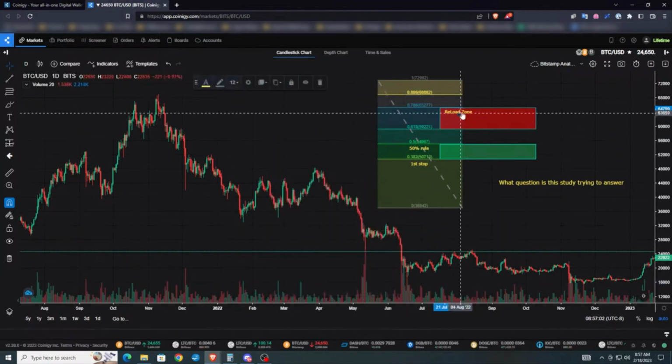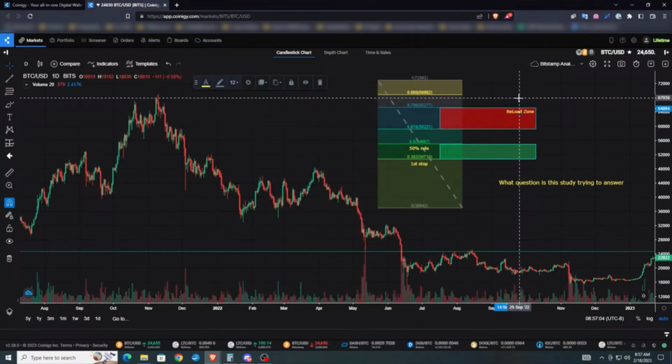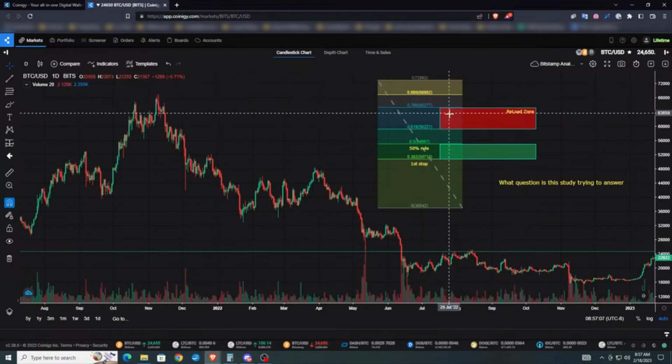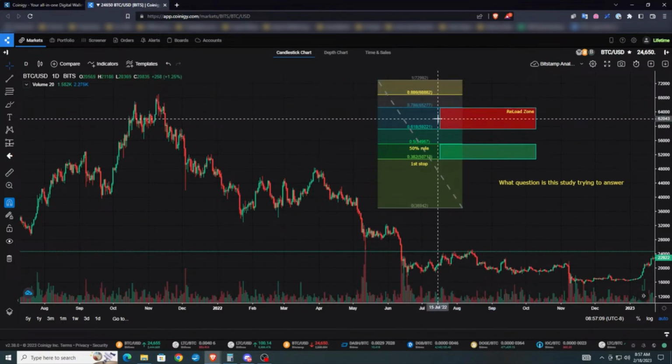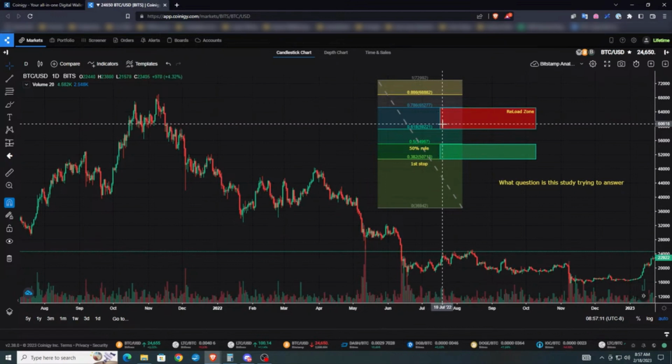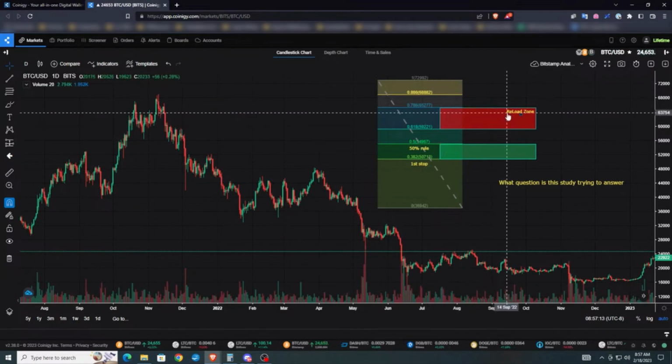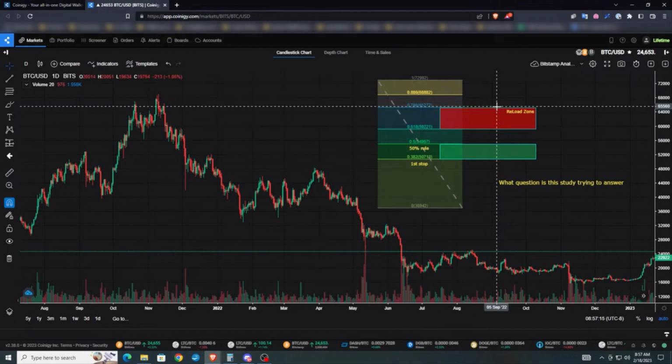So if I was an institutional player and I had shorted the top of the market, this is where I would reload short ideas.